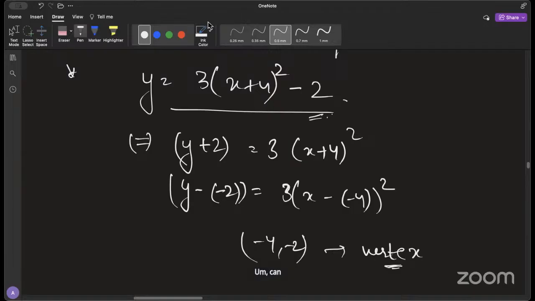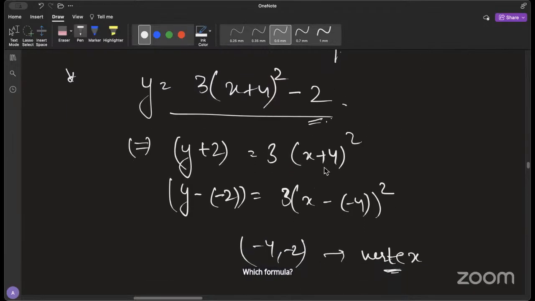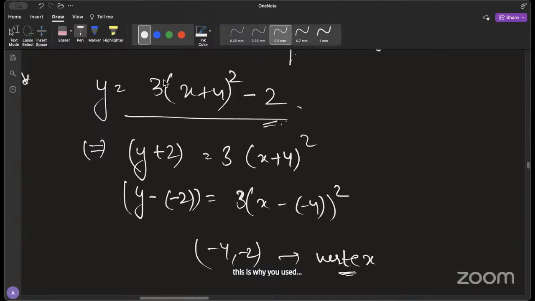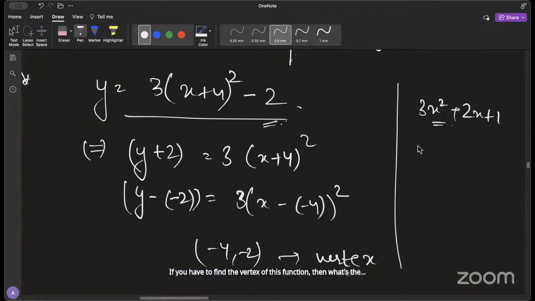Can you explain this formula again? Which formula? This, why you use it? Finding vertex. Okay, let's say you have to find the vertex of 3x squared plus 2x plus 1. If you have to find the vertex of this function, then you can directly apply the formula, right?